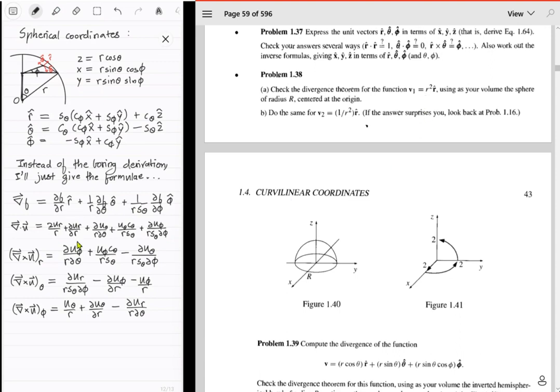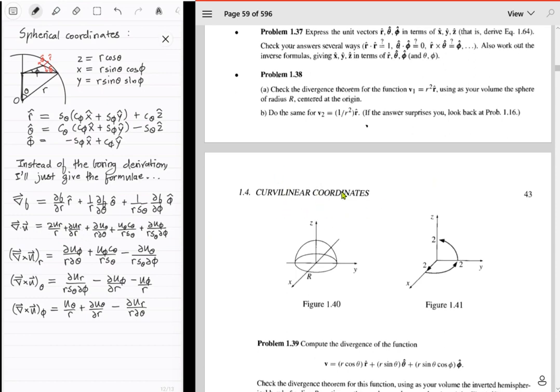Plus this derivative, which is 2r once again. So we get 4r. This is a divergence we're talking about, not the gradient or something. So yeah, 4r, just the number itself.